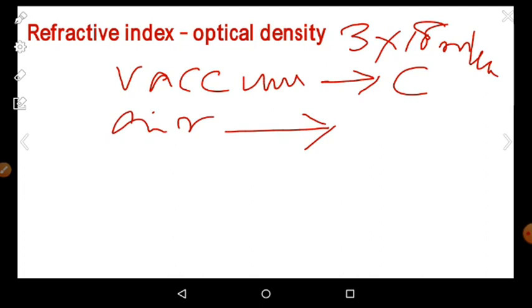In any other material, the velocity is different, and it depends upon the nature of the material, upon the density of the material. So the ratio of the velocity of light in vacuum to the velocity of light in a given medium is a constant.